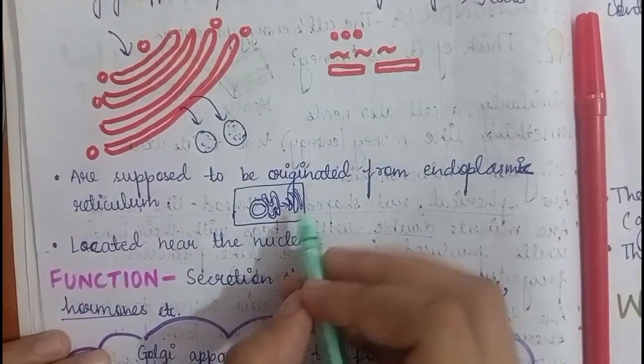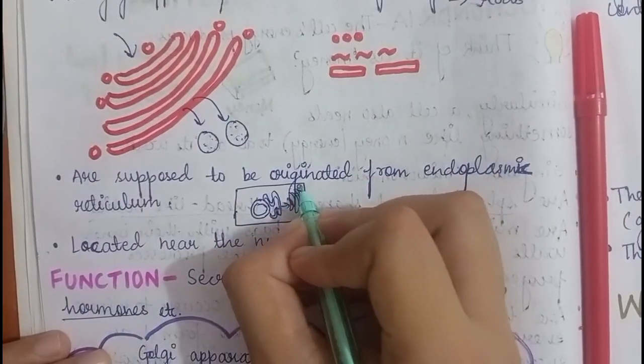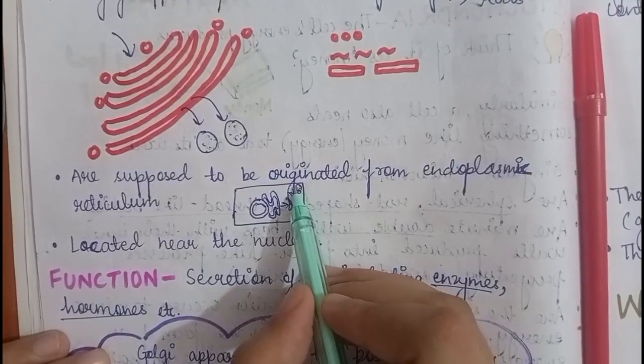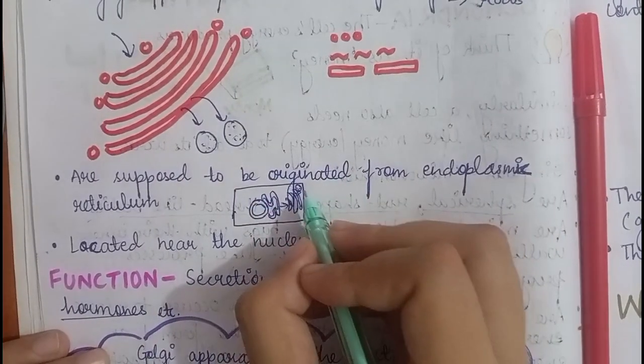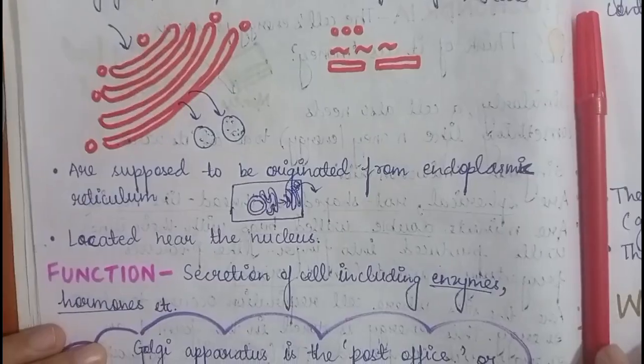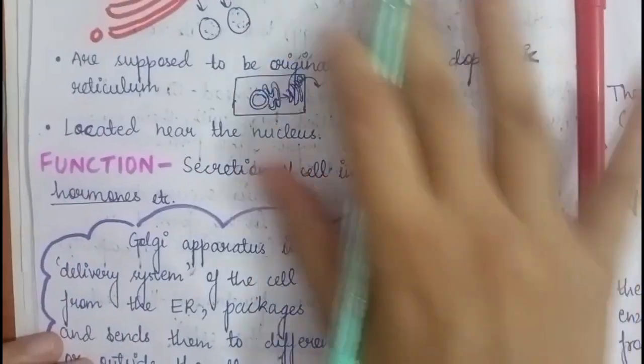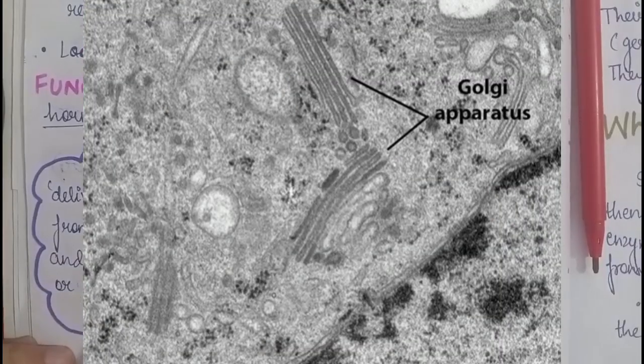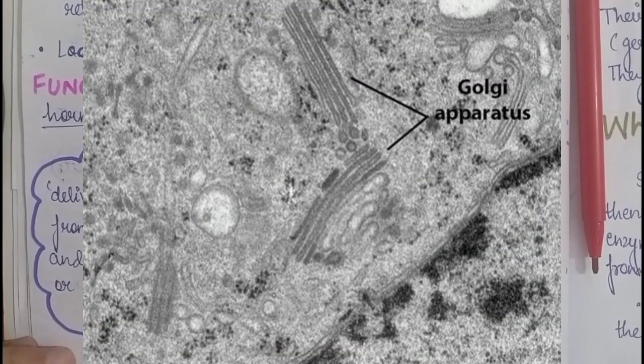Like this is the cell, and from here these vesicles are being secreted. I hope this Golgi apparatus is clear. Now this is the image of a Golgi apparatus under an electron microscope.